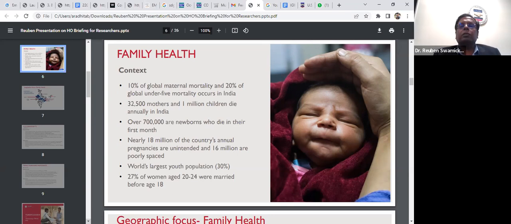Over 700,000 are newborns who die in their first month, and nearly 18 million of the country's annual pregnancies are unintended, and 16 million are poorly spaced. Like I mentioned earlier, we have the world's largest youth population, 30%, and 27% of women aged 20 to 24 were married before the age of 18.